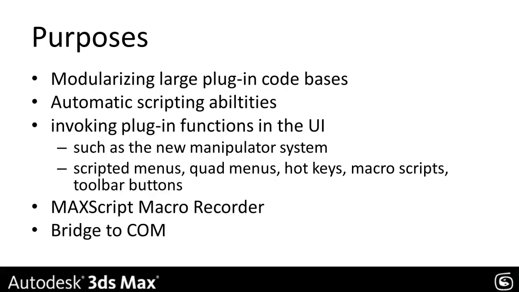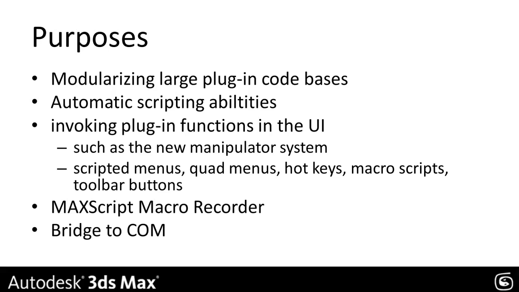Some purposes would be to modularize your large plugin code base. Even within your own code, you might have multiple plugins that you load and unload and use function publishing to call within. So it could allow you to modularize, make things simpler, with smaller memory footprints, etc.